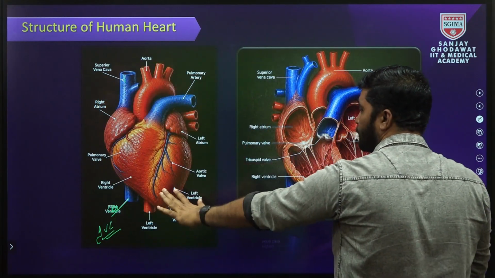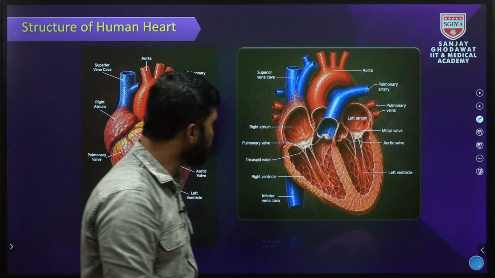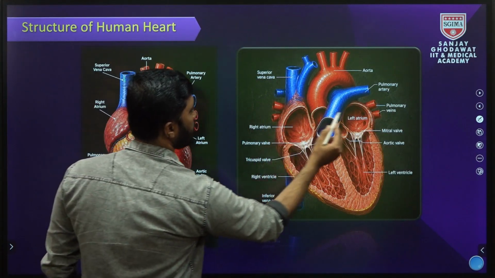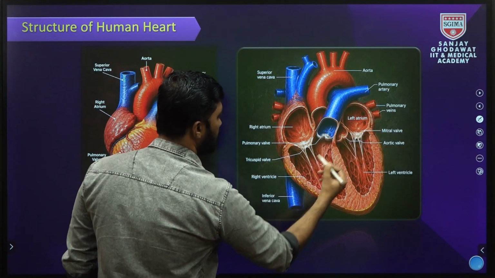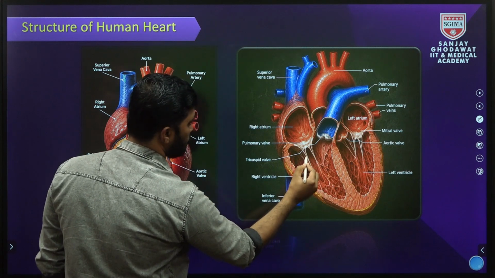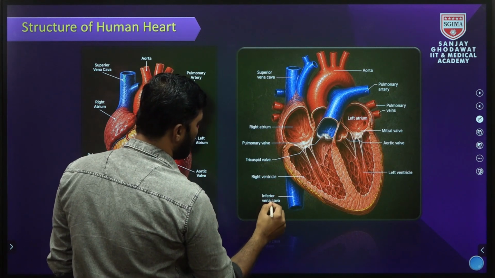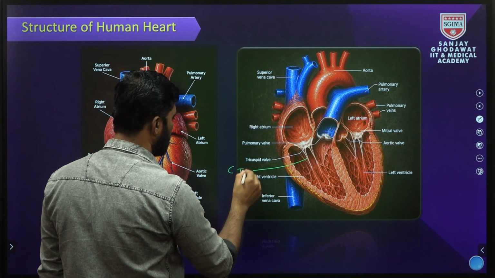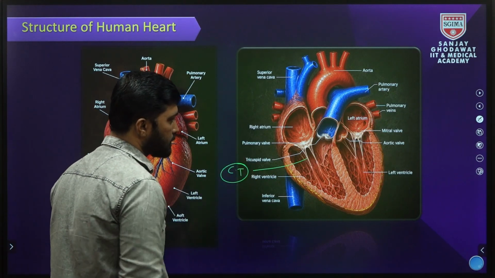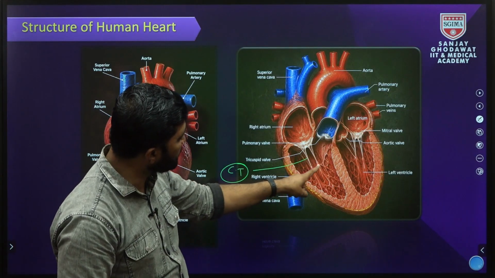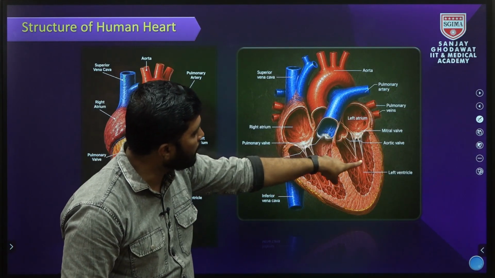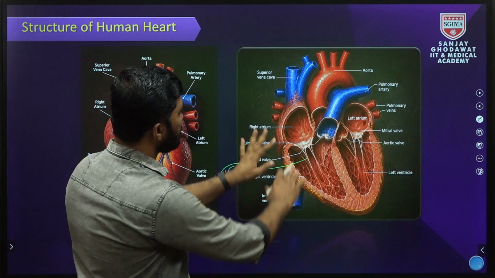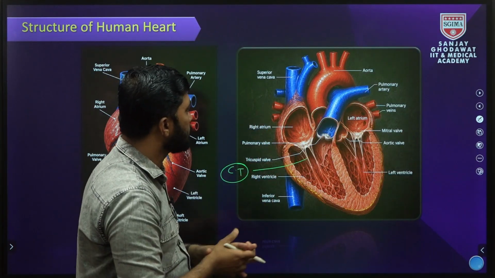This is the external view diagram. If you take the internal view, this is the internal view of the right and left atria and ventricles. So in the diagram, this is the cardiac tendinae, heartstrings, between the papillary muscles and the AV valve. This is the internal view.